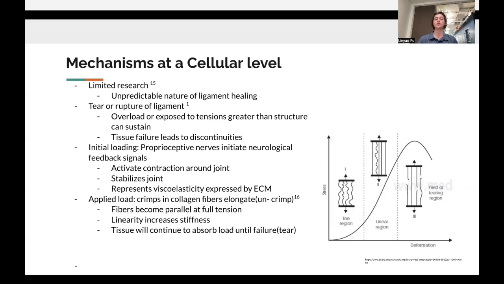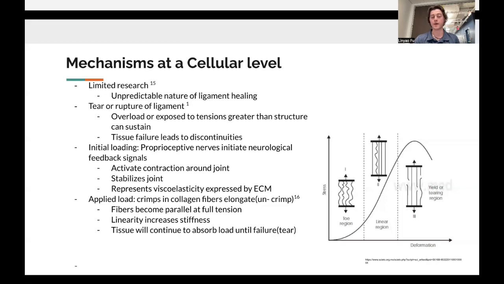And this also represents the viscoelasticity expressed by the extracellular matrix, as ligaments are able to stretch much further than they are initially at resting. And this is due to the crimps in the collagen fibers as part of the ligaments. As an applied load is placed on the ligaments, they have the ability to uncrimp or slowly elongate.